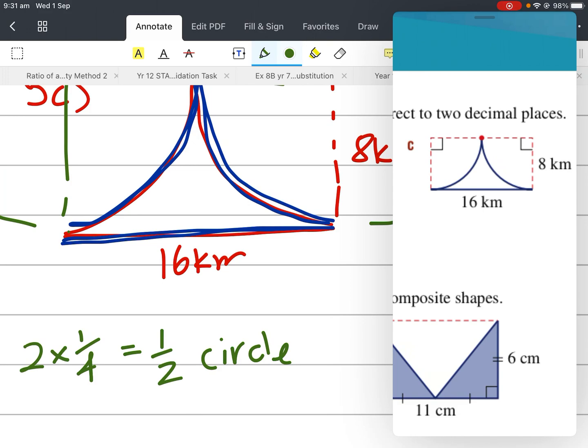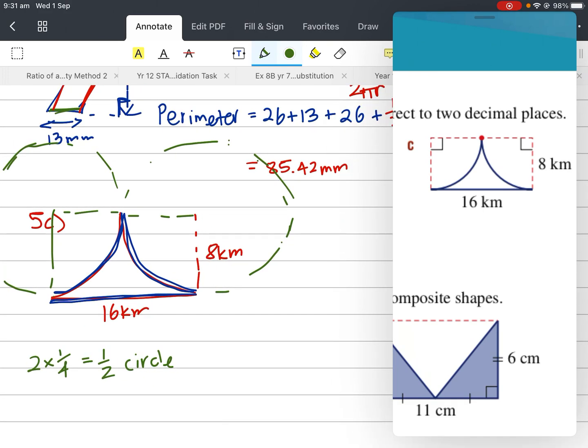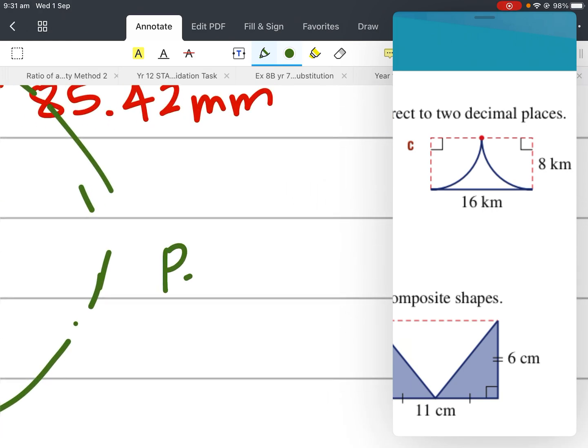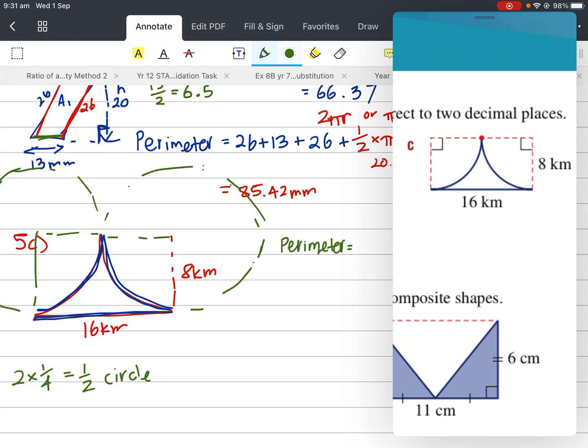Alright, so let's try this. Let's do the perimeter first. Alright, perimeter. So I've just figured out that my 2 curvy bits actually make up half a circle, right? Now this bit is the radius of one, this is the radius of the other.